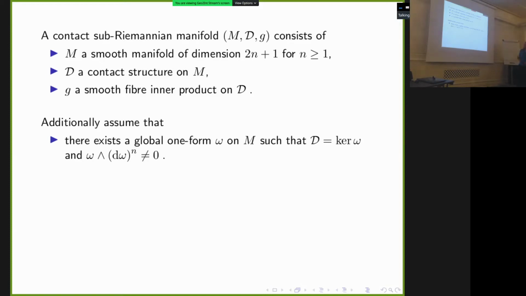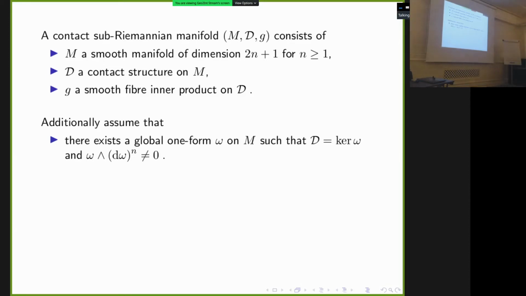It's generally given locally as the kernel of some one form omega, which satisfies a certain non-degeneracy condition, which in this case is that omega wedge (d omega) to the n, where remember n was defining the dimension through 2n plus 1, is non-zero. And as I said, usually you assume that your distribution D is locally the kernel of some local one form.